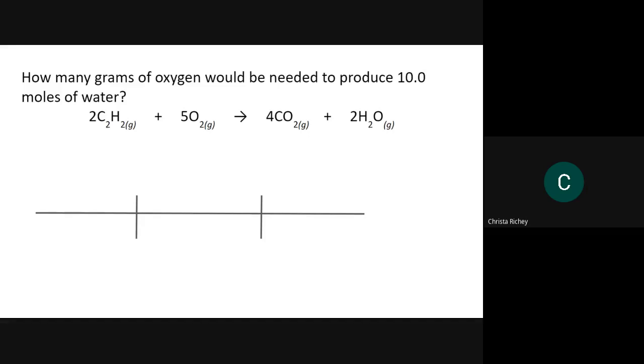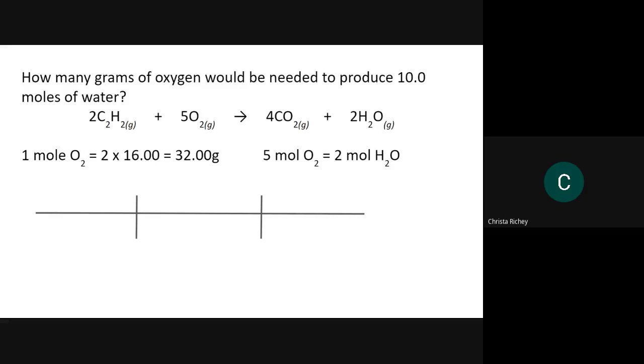I'm already in moles of water, so I'm cutting out this step. I'm essentially starting here, but I have to use that number instead of the 1. I'm going to grams of oxygen gas. So 1 mole of oxygen gas is 32 grams, 2 times 16 is 32.